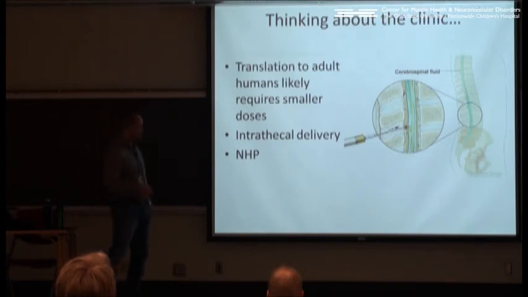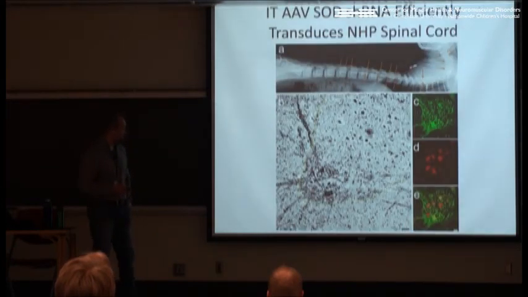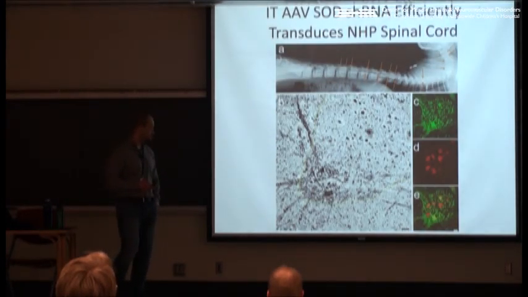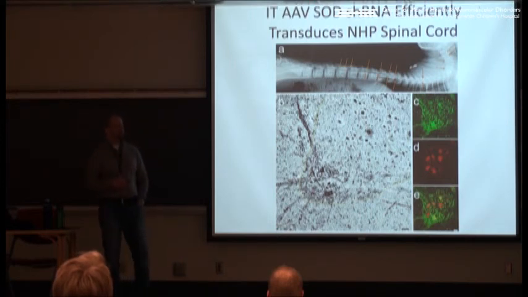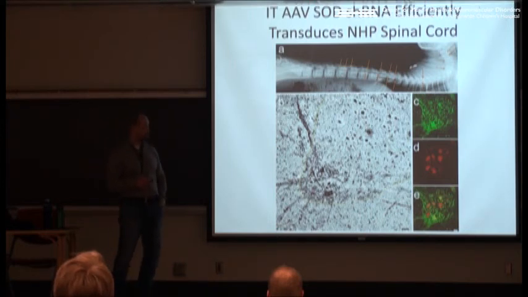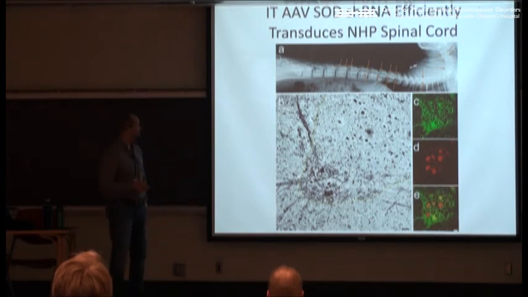Just to finish up that study with Cleveland's lab, they then went and did intrathecal delivery into non-human primates, or monkeys, and followed them for a couple of weeks and asked whether they could knock down SOD1. So this is nice work from Laura Ferraiuolo.